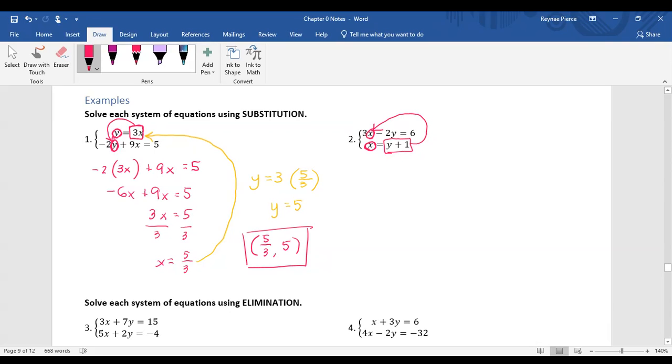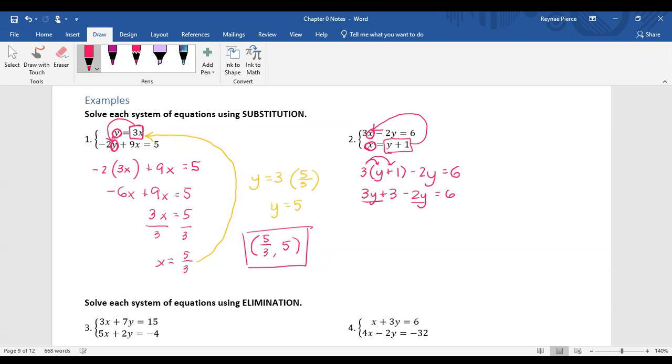Second equation, instead of 3x minus 2y, we are going to have 3 times what x equals, which is y plus 1, minus 2y equals 6. Okay, on this left side, I'm going to distribute. 3y plus 3 minus 2y equals 6.